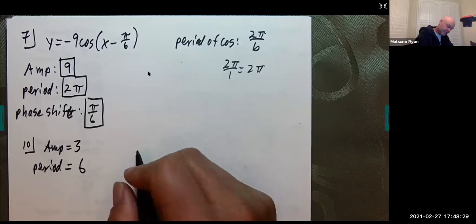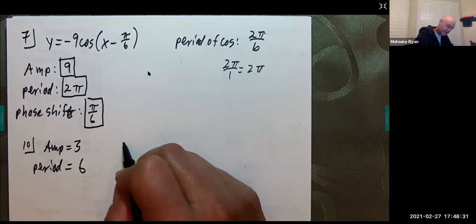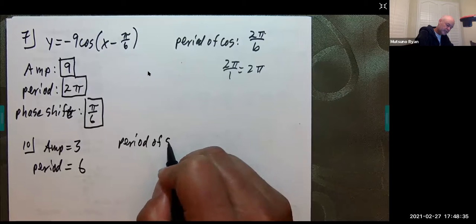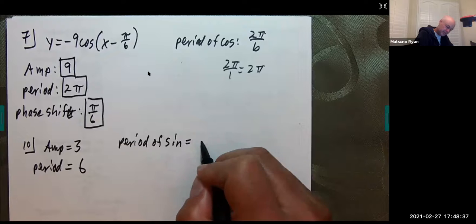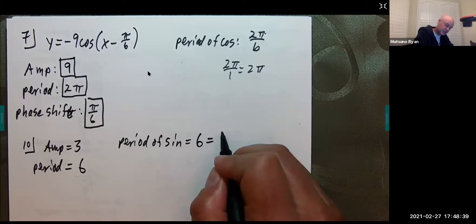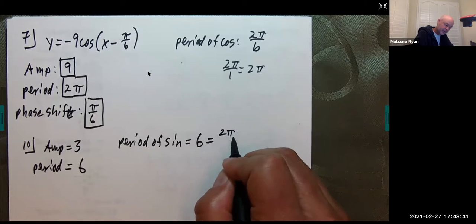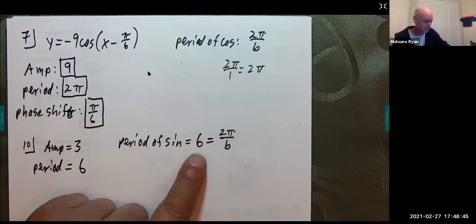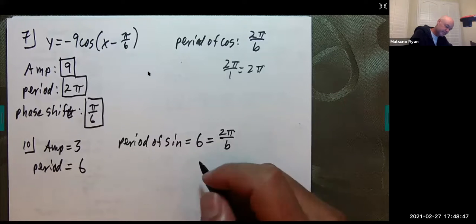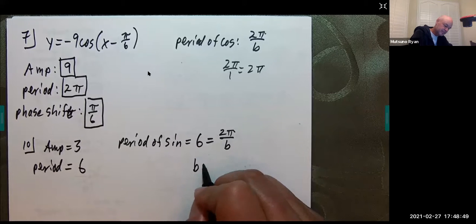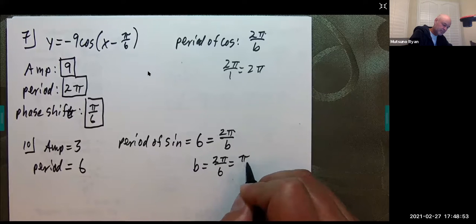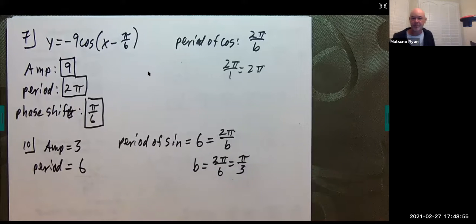So we know that with a sine wave, the period, which is 6 in this case, is 2 pi divided by b. And now I'm going to solve for b. I actually can swap the 6 and the b out. So this is our period.